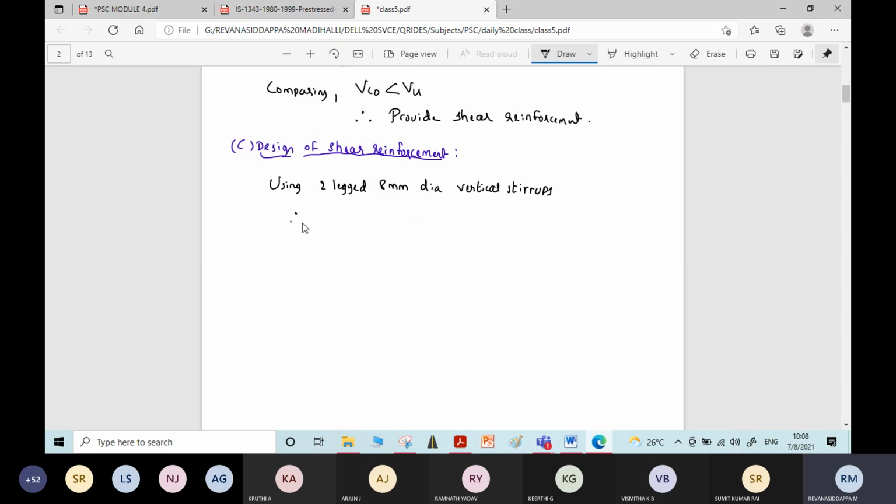Therefore, you find the area of vertical stirrups. SV represents vertical stirrups. ASV is equal to pi d square by 4 into 2. How much will you get area of stirrups? This is 2-leg, no? That is why multiplied by 2.